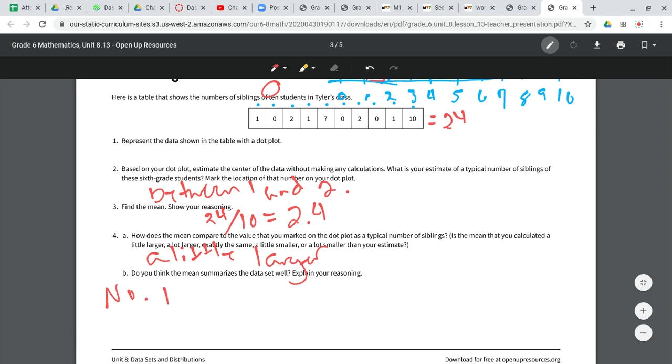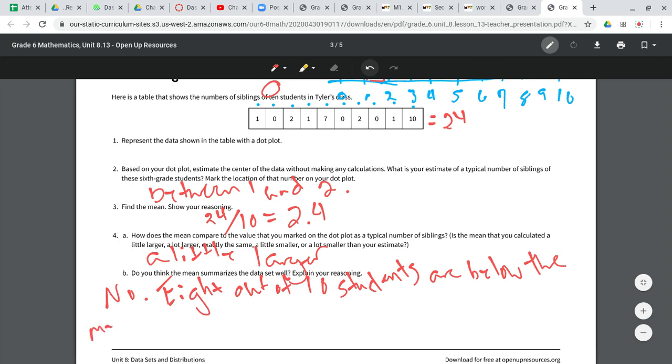No. 8 out of 10 students are below the mean. More than half have 0 or 1 sibling.